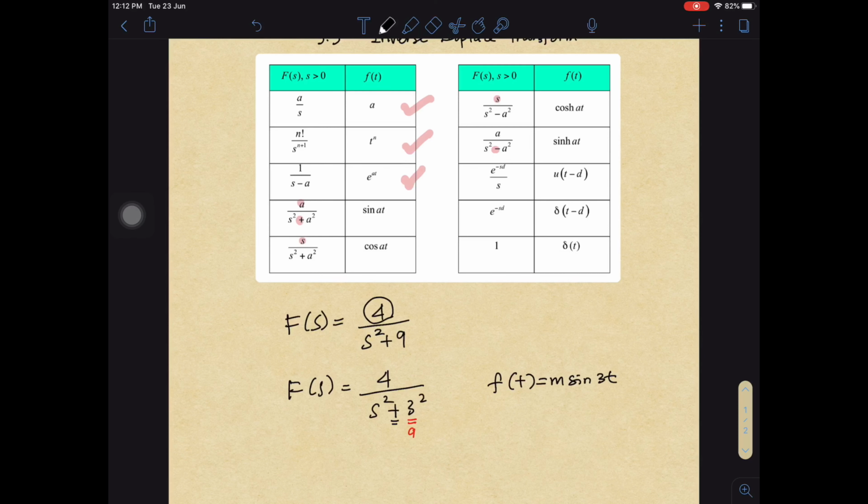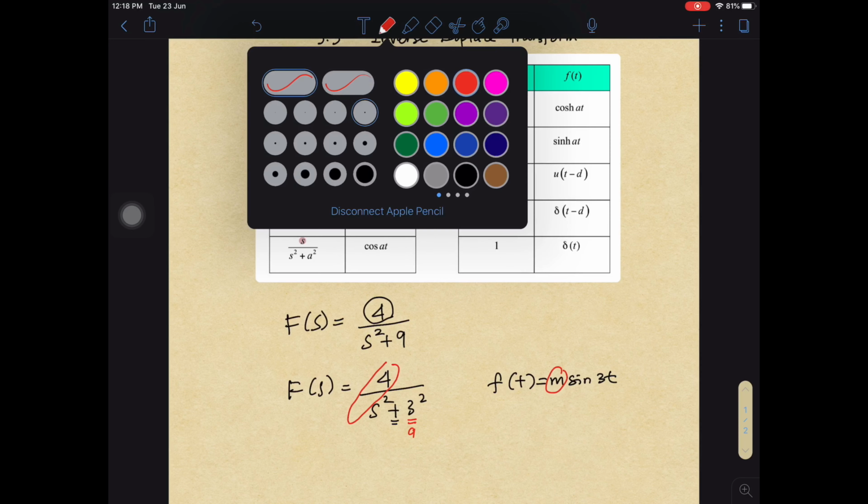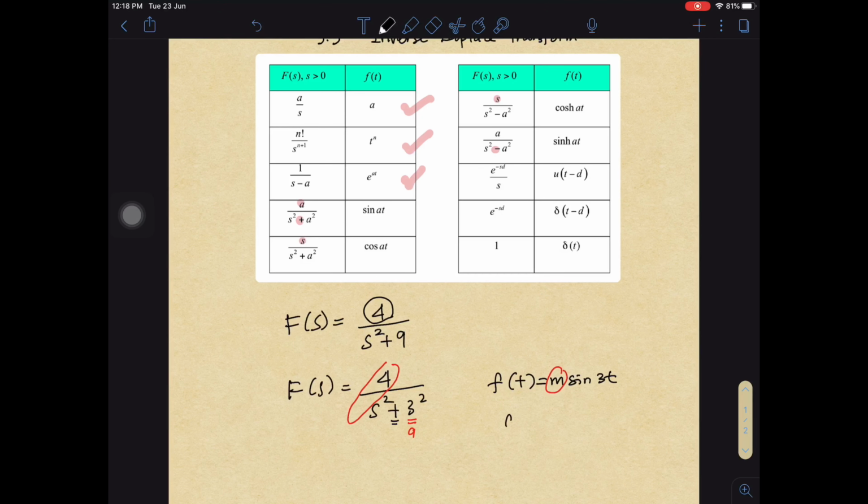Okay, so the constant m will be equal to any constant that exists in your F(s), or in your Laplace transformation here. So you can use the formula to find the constant m, where a times m gives you the coefficient that exists in your Laplace transformation.